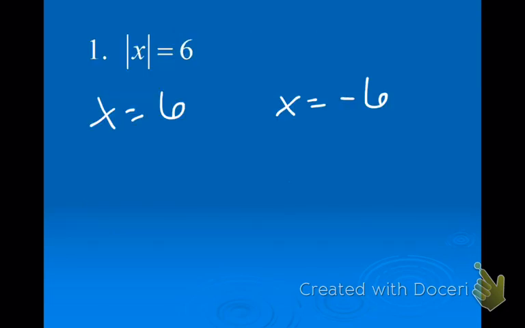Now, if we're going to solve an equation with absolute value in it, we have to remember that no matter what you take, if you take the absolute value of it, it's always going to be positive. In other words, when we solve an equation, we're looking for solutions.